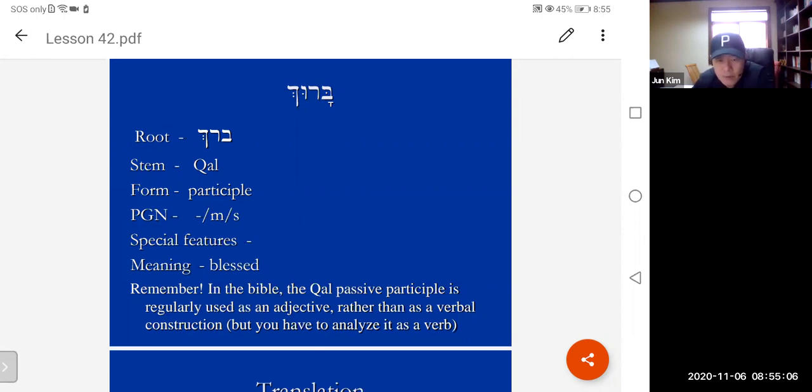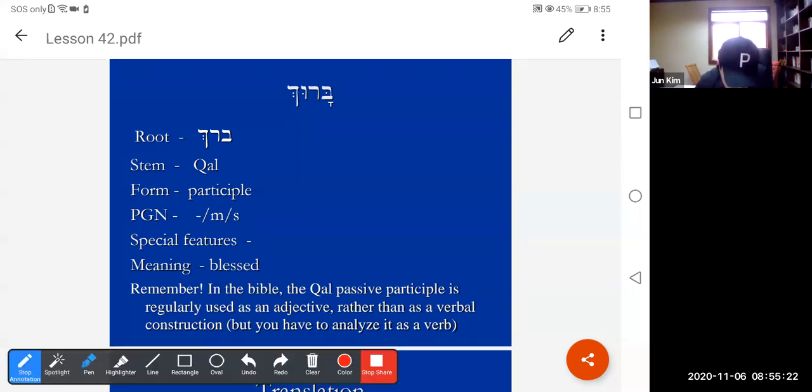Remember, in the Bible the Qal passive participle is regularly used as an adjective rather than as a verbal construction, but you have to analyze it as a verb. Without looking at any specific ending, you need to say this one is masculine singular.